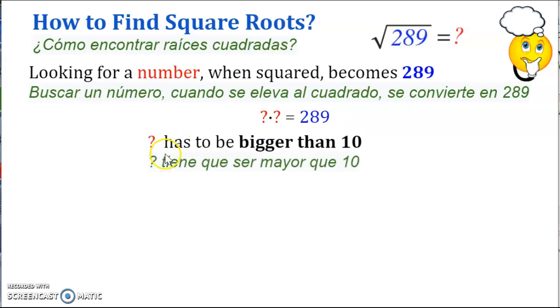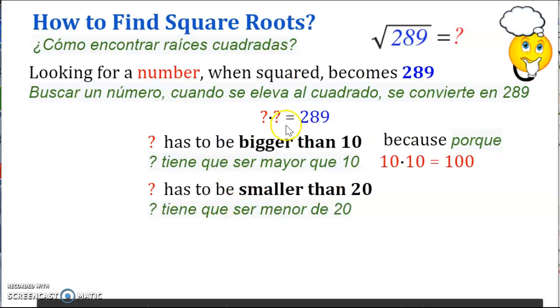Instead of just checking all numbers, let's use what we know to make more of an educated guess. That number has to be bigger than 10, because 289 is bigger than 100. 10 times 10 is 100, so that number has to be bigger than 10.